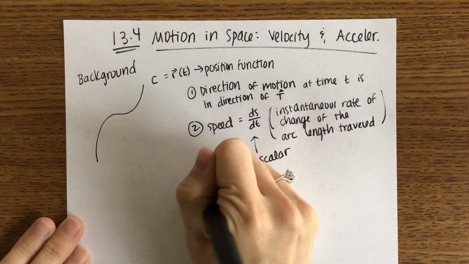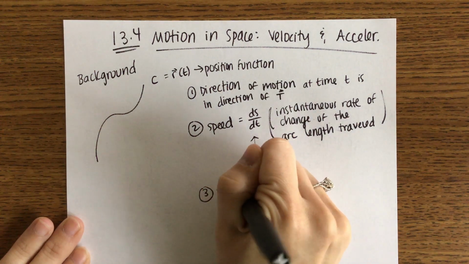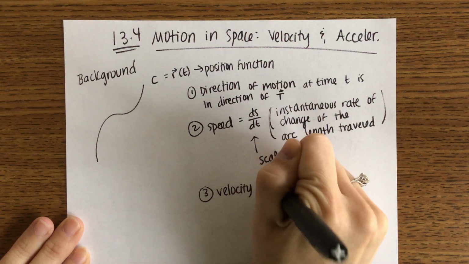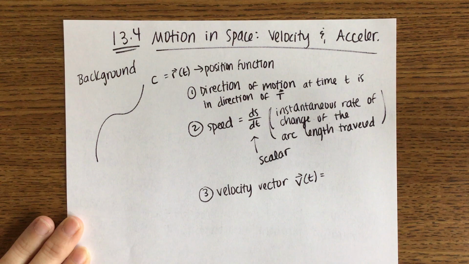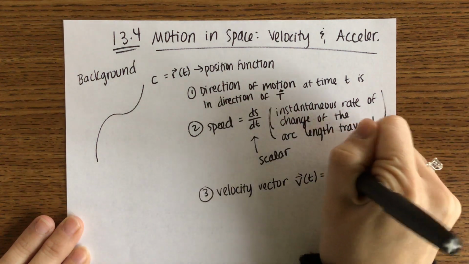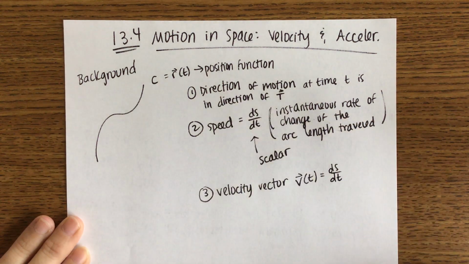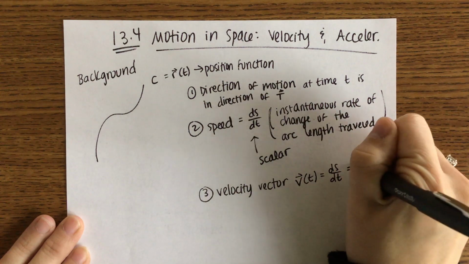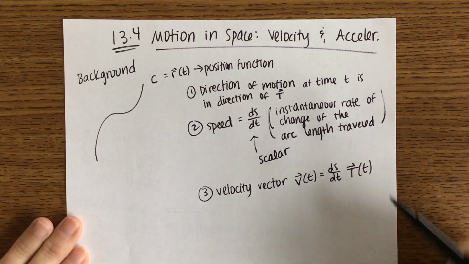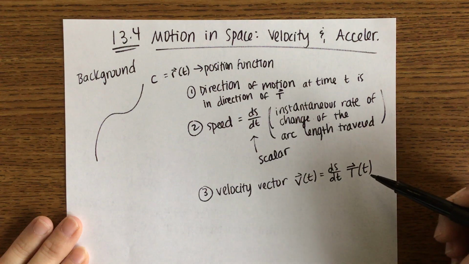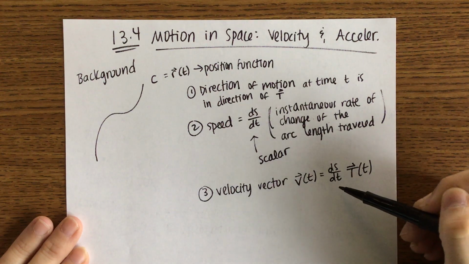What I also want us to know is that the velocity vector, which is v of t, that's going to be ds/dt multiplied by the unit tangent vector. Now that should make sense. The unit tangent vector gives us direction. ds/dt is the speed, so it tells us the magnitude.